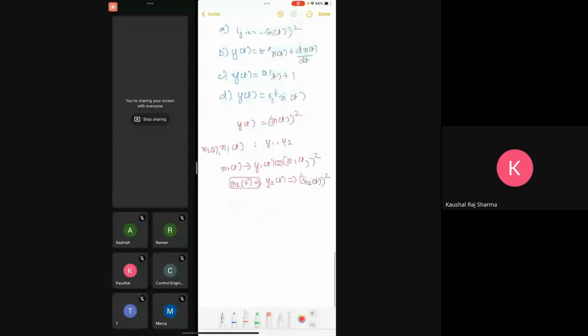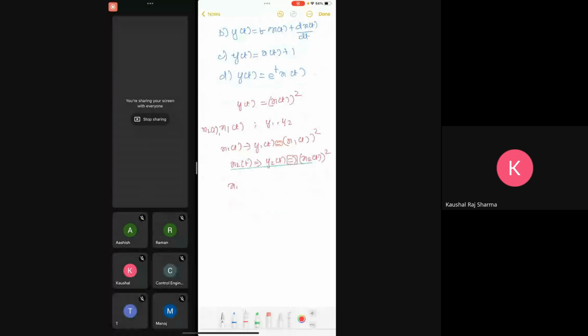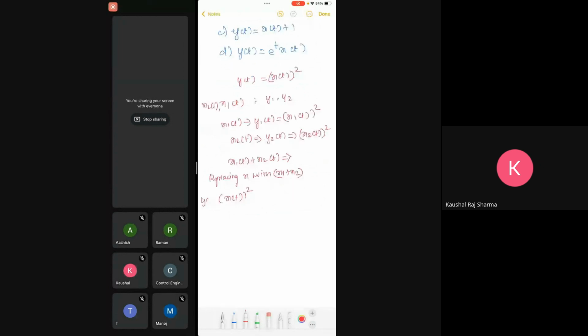Consider x2 of t. When I add these two inputs, x1 of t plus x2 of t, this is like replacing x with x1 plus x2. Wherever the x is there, you are going to replace that with x1 plus x2.